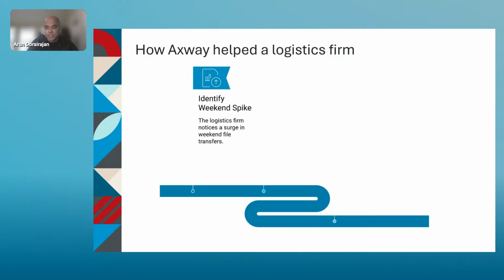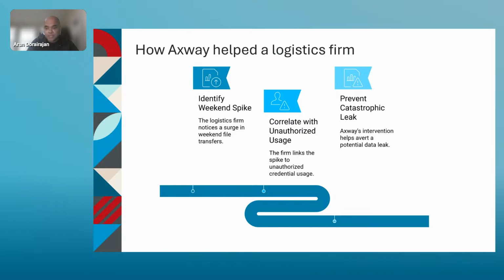These transfers were using a compromised set of credentials from an inactive partner and triggered from an IP range outside their normal activities. The result, they shut it down before a sensitive document left the system. And that's not just detection, that's defense in context. So, in my opinion, and at Axway, you don't just think alerts, think context, think patterns, think response time.